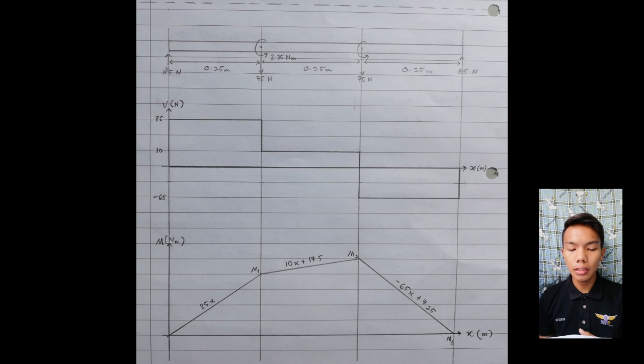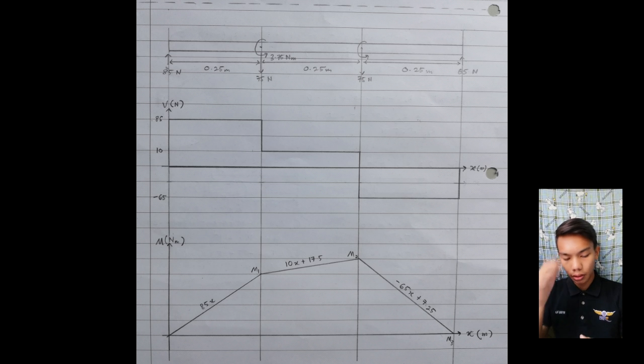At the point where 85 turns to 10 and 10 turns to negative 65, the drop is 75 Newton, equal to the value of the force at C and D.